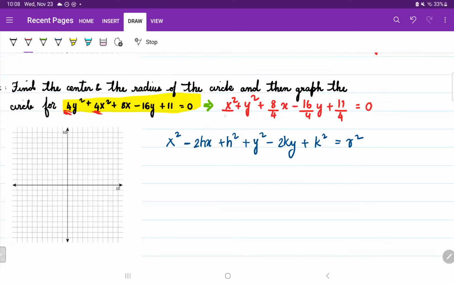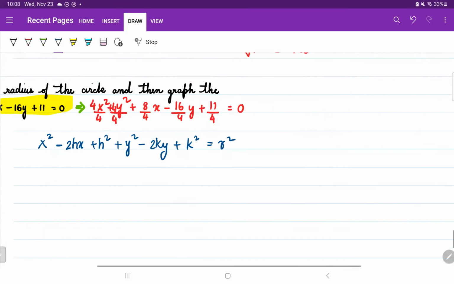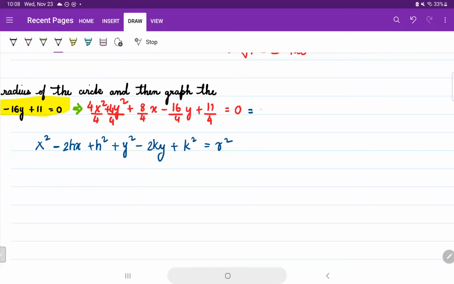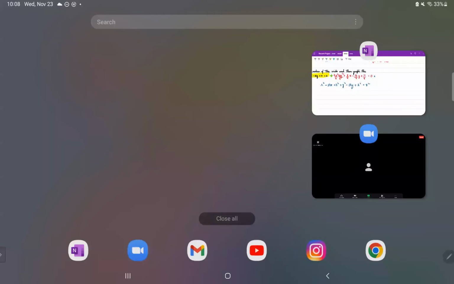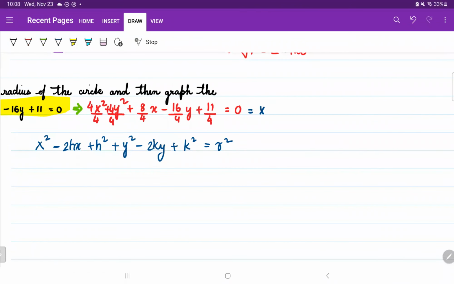So here we have 4x squared by 4 and 4y squared by 4. And if we simplify this, we get x squared plus y squared plus 2x minus 4y plus 11 by 4 equals 0.